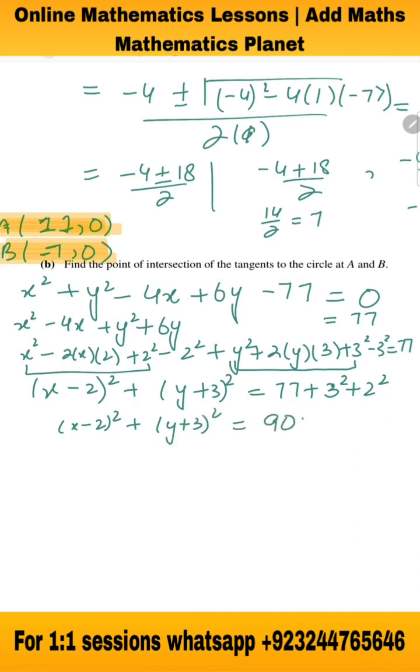So the center of the circle would be 2 and minus 3.